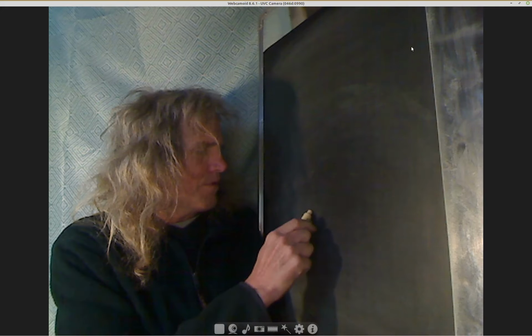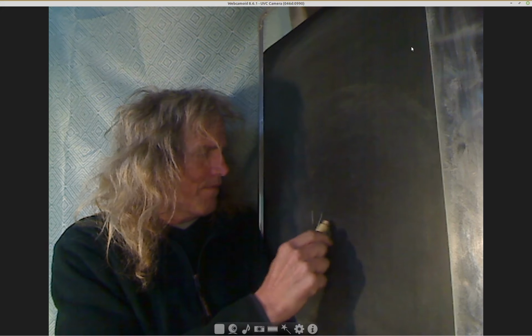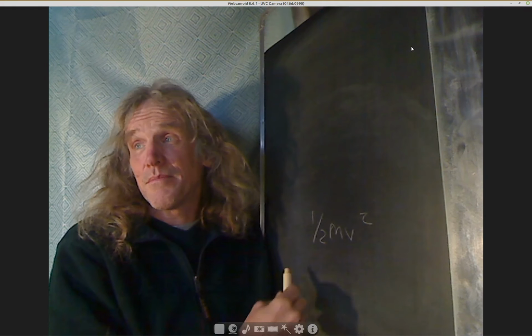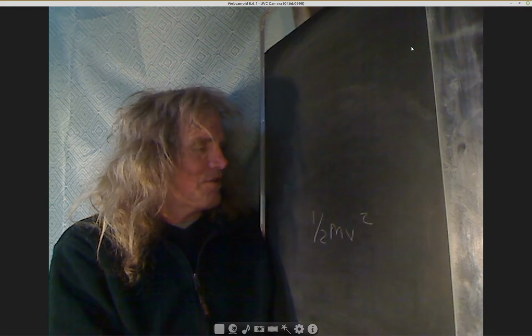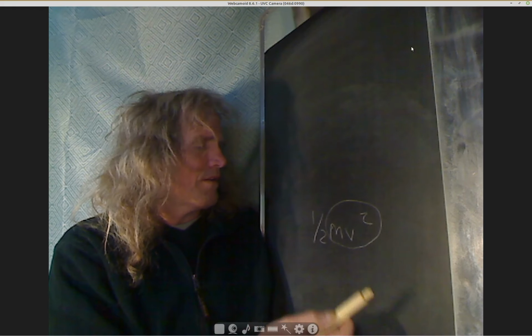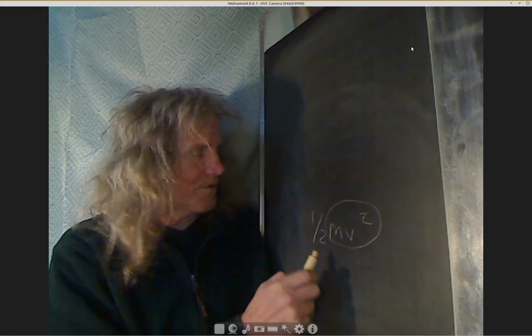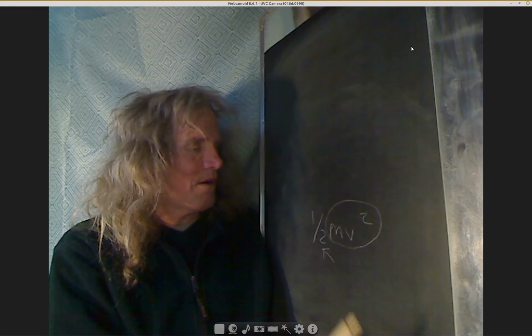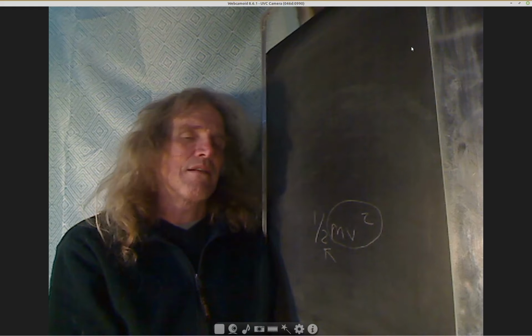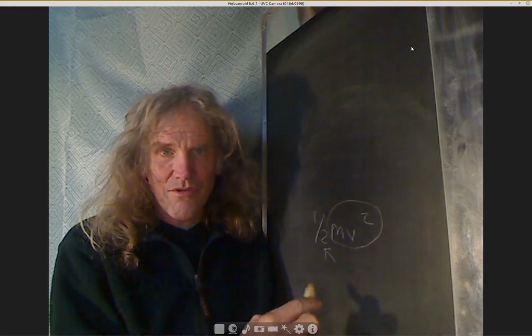And so the equation is 1/2 mv squared, and I have explained many times that the history of it is pretty terrible. The original formula was just this part, and then nearly 100 years later they decided to add this part. It wasn't derived from any of Newton's formulas. It's exactly an opposite argument against Newton mechanics.